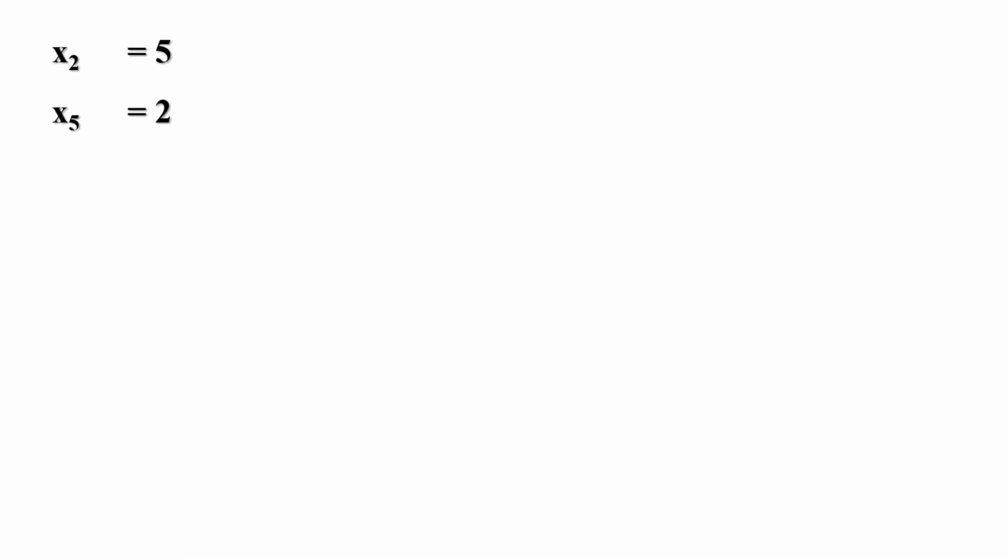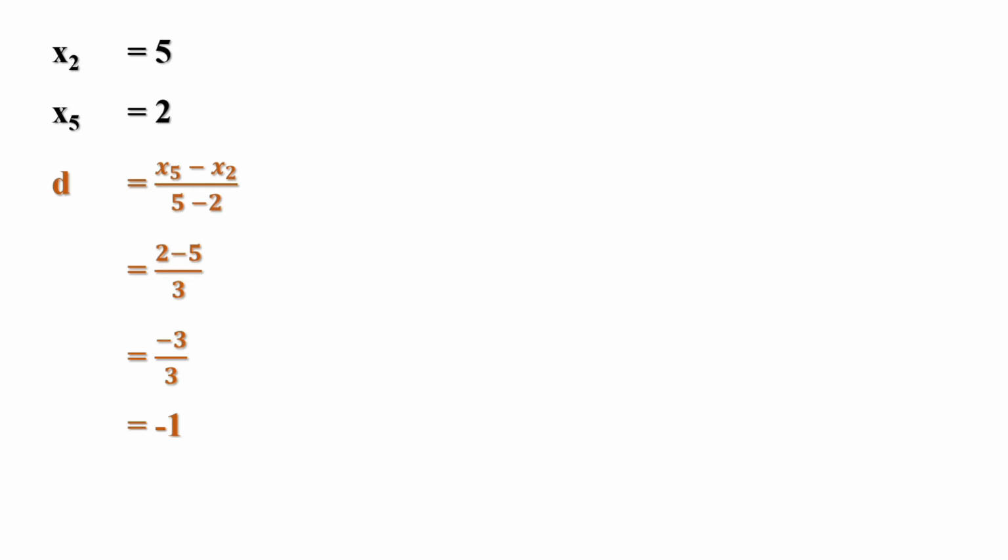Next problem. Second term is 5. Fifth term is 2. The common difference is fifth term minus second term divided by 5 minus 2. That is 2 minus 5 divided by 3, that is minus 3 by 3, that is minus 1. So the common difference is minus 1. Subtract minus 1 from the second term to get the first term.